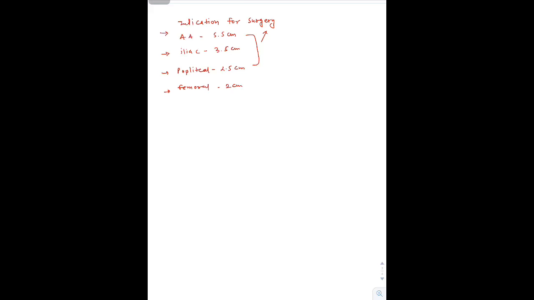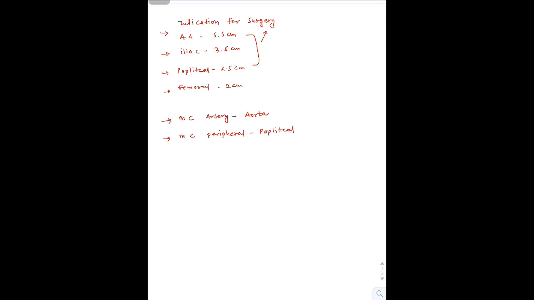And one more thing you guys should remember, because this is a very commonly asked question: the most commonly affected artery in aneurysm is, so guys, the answer will be aorta. Most common peripheral artery affected by aneurysm is popliteal. Here is a little bit of difference.